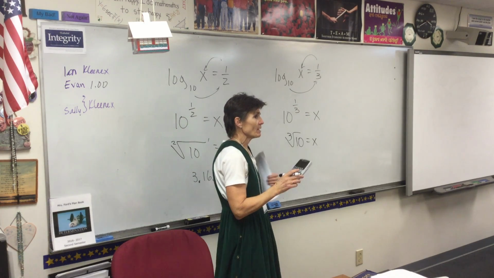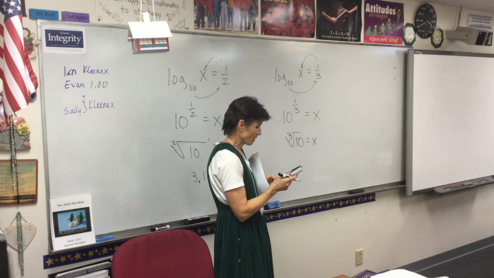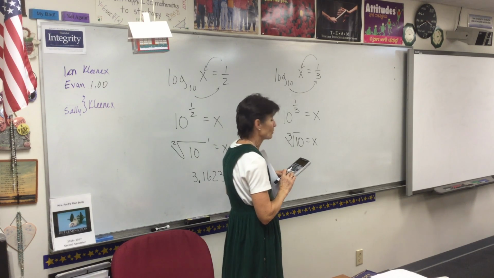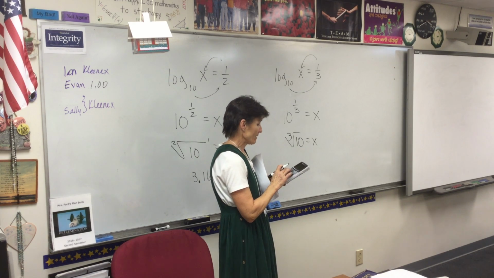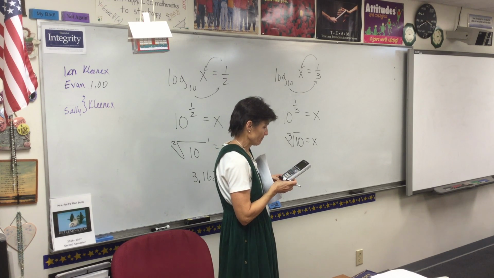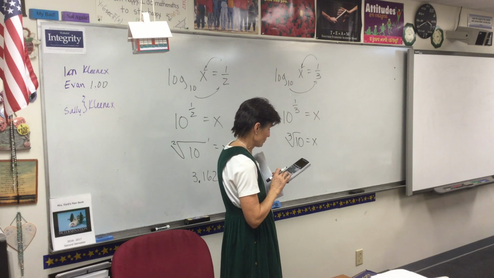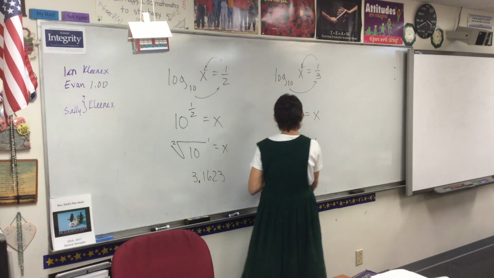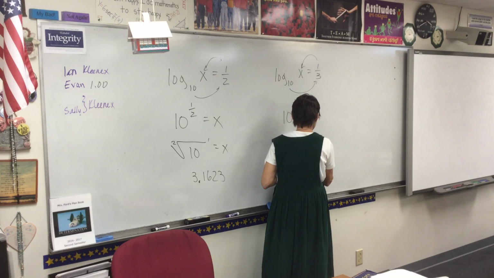Do you remember the other day we did some cube roots, so we did some roots on our calculator? So we put in the 3, and then our math button, go down and pick up the x root, type in 10, and you should have gotten 2.1544.